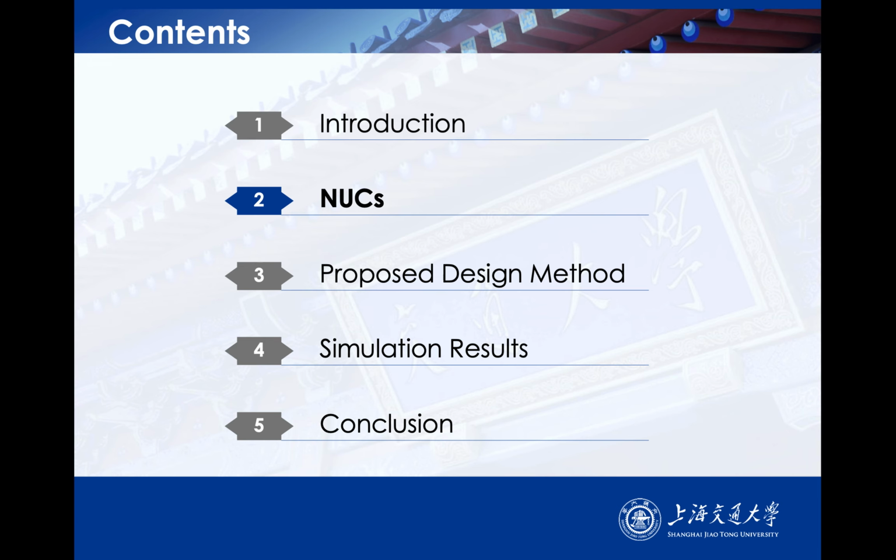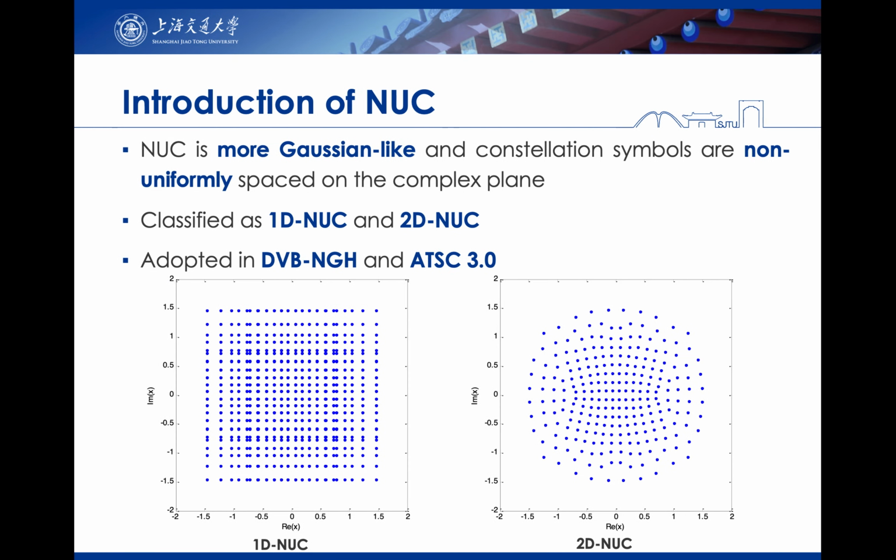The second part, NUCs. Non-uniform constellation is the key technology to reduce this gap to channel limit. Constellation symbols of NUC are non-uniformly spaced on the complex plane, so NUC can provide more shaping gain. NUC has been adopted in DVB-NGH and ATSC 3.0. There are 2 types of NUCs.